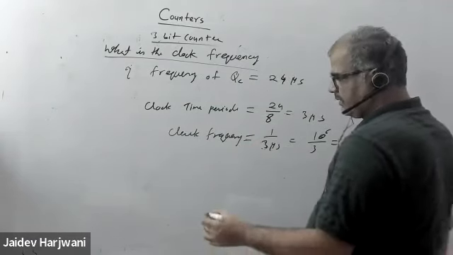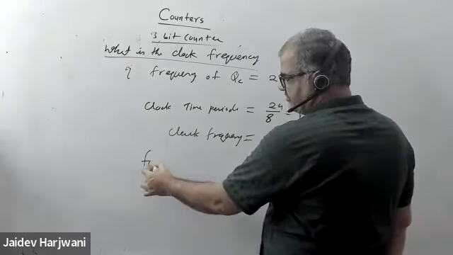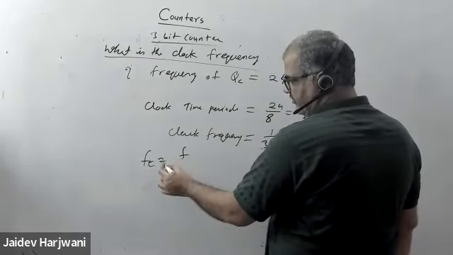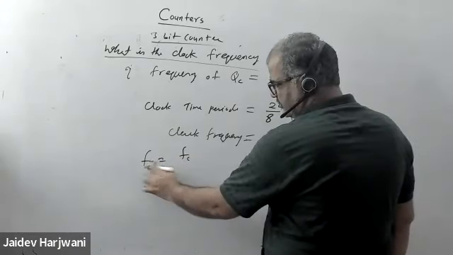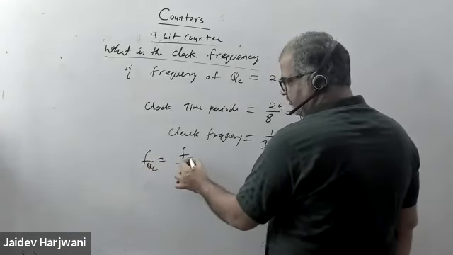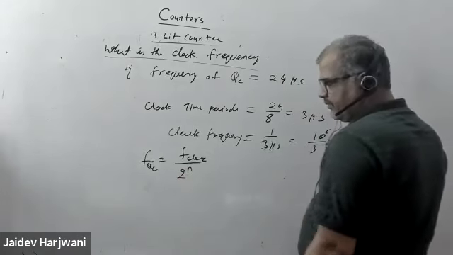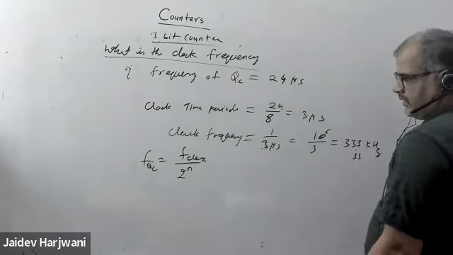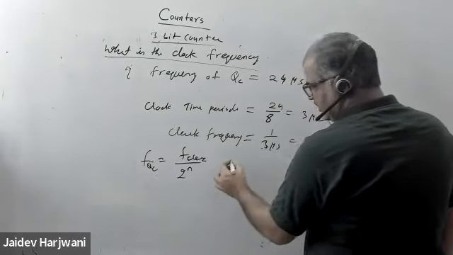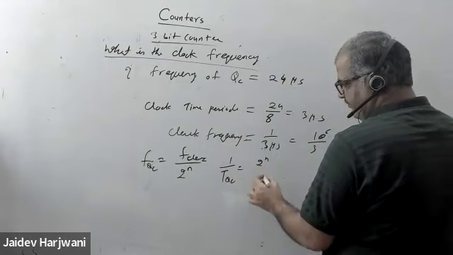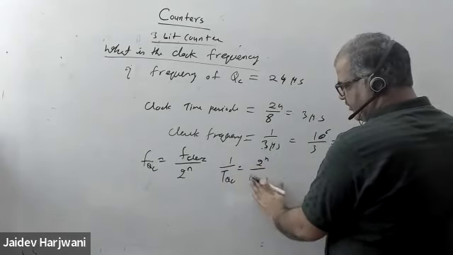What is your formula? Frequency of QC is the frequency of clock upon 2 power n. In time period it will be inverted. Okay, time period of QC will be 1/TQC is equal to 2 power n upon the time period of clock.